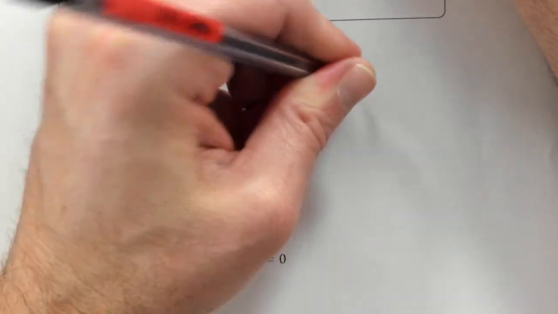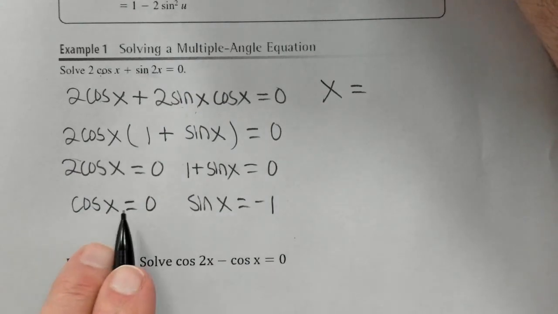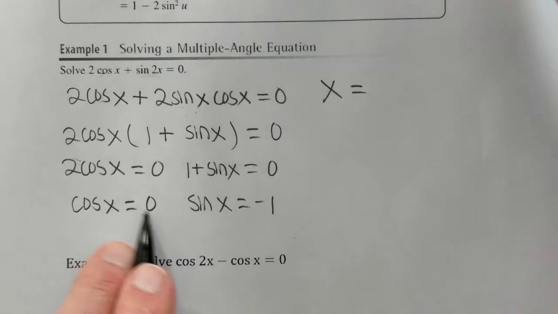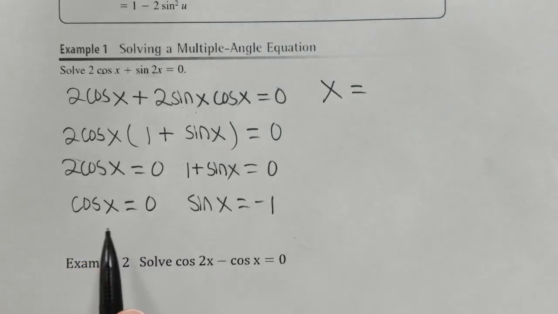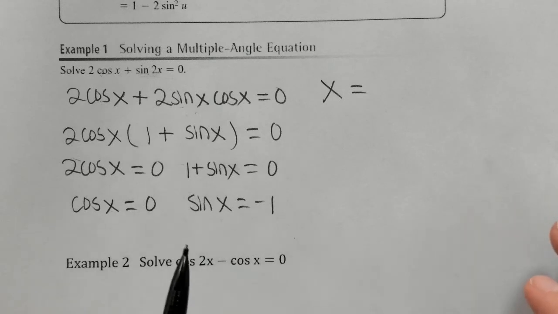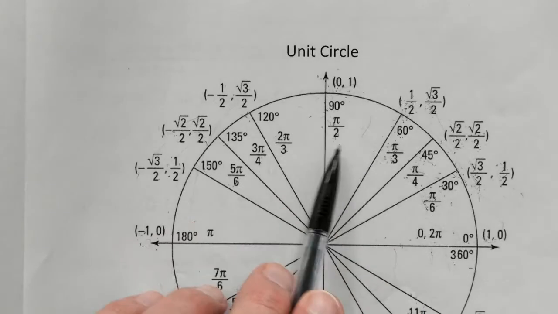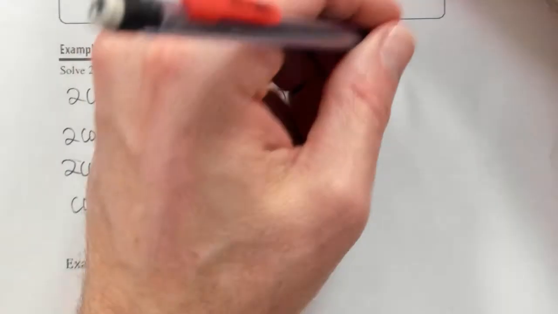From here, in the first equation, I'm looking for angles whose cosine is 0, angles whose cosine would give me 0. Remember cosine is the x value, and so there's a 0 at pi over 2. So we'll write that one in.